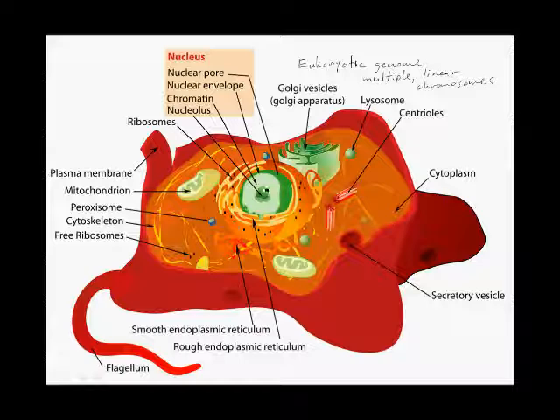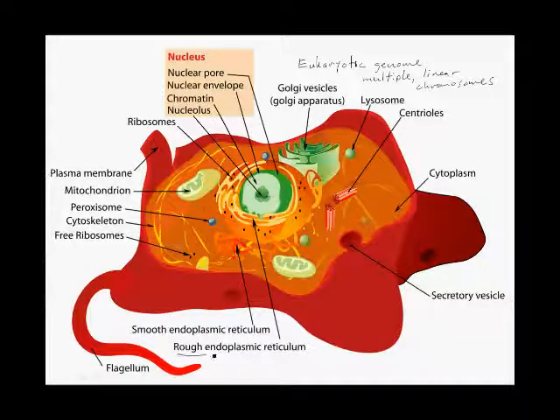Proceeding outward from the nucleus, what we see is that the nuclear envelope is actually contiguous with the endoplasmic reticulum, shown here. What's shown here is the endoplasmic reticulum with ribosomes, which make it appear rough in an electron micrograph, and so we call that the rough endoplasmic reticulum.